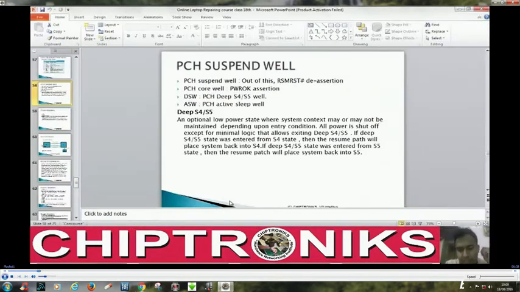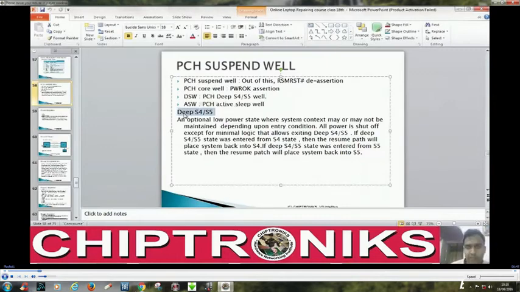Okay, another major difference between an HM67 board and an HM55 board is the introduction of deep S4/S5. Earlier we have seen up to HM55 it was G3 mechanical off, then S5, then S4, then S3, then S0. But here there is one more way, that is deep S4/S5.